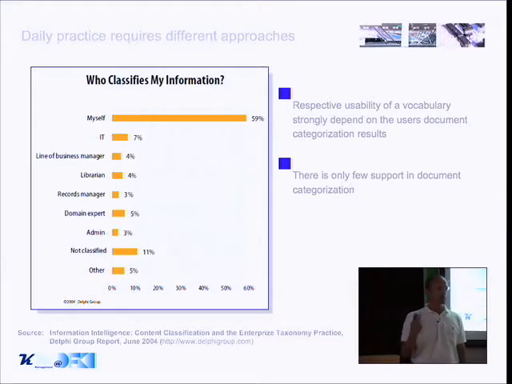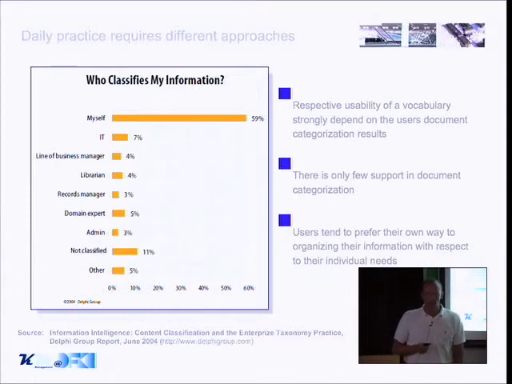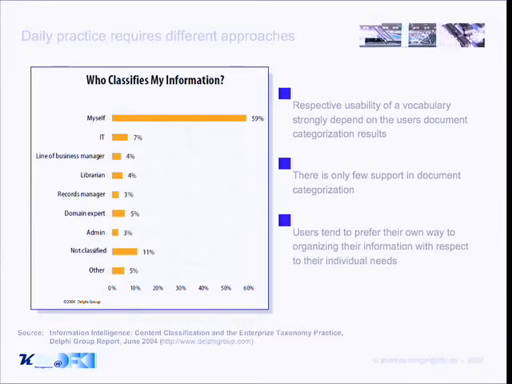However, with respect to our experience, people do not really accept such taxonomies because they reflect neither their terminology nor their specific interests. So we have to find other ways because the user tends to prefer their own way to categorize information.